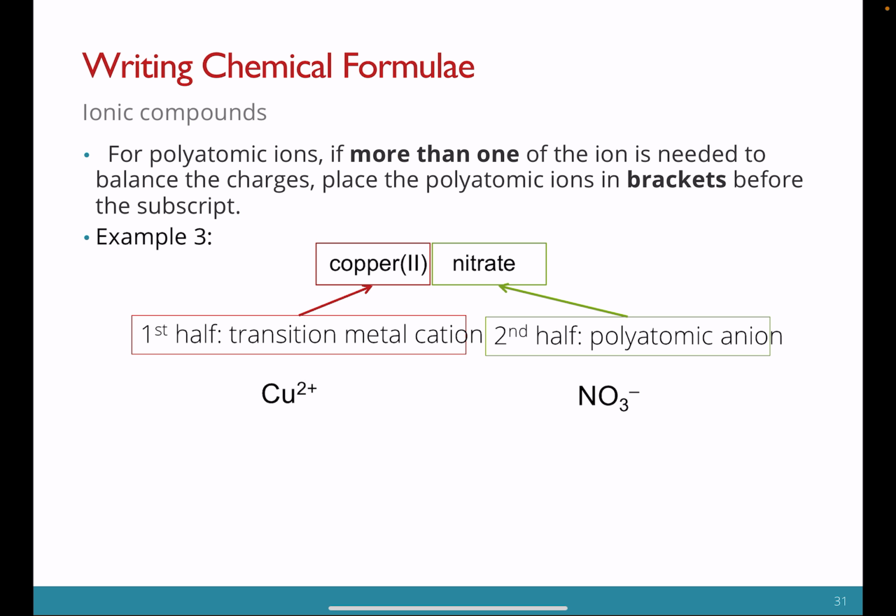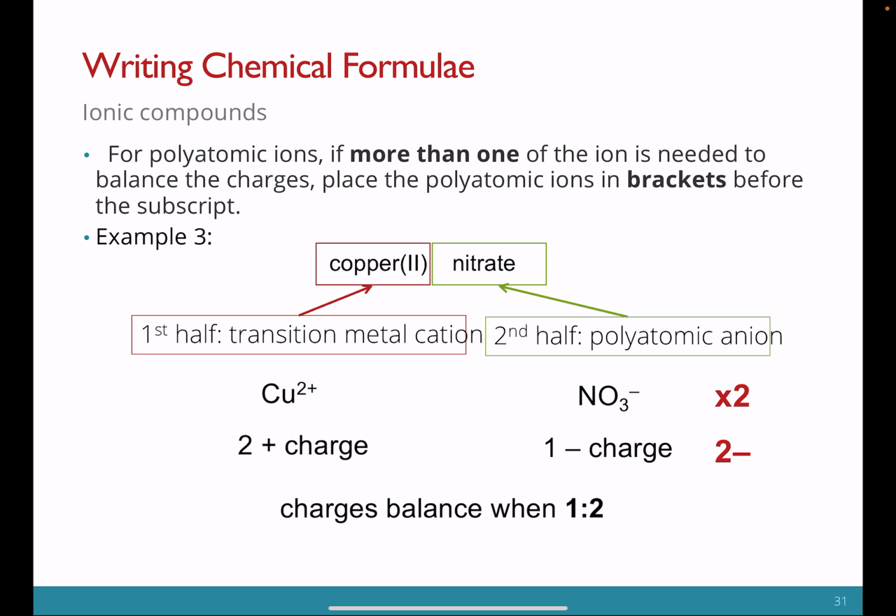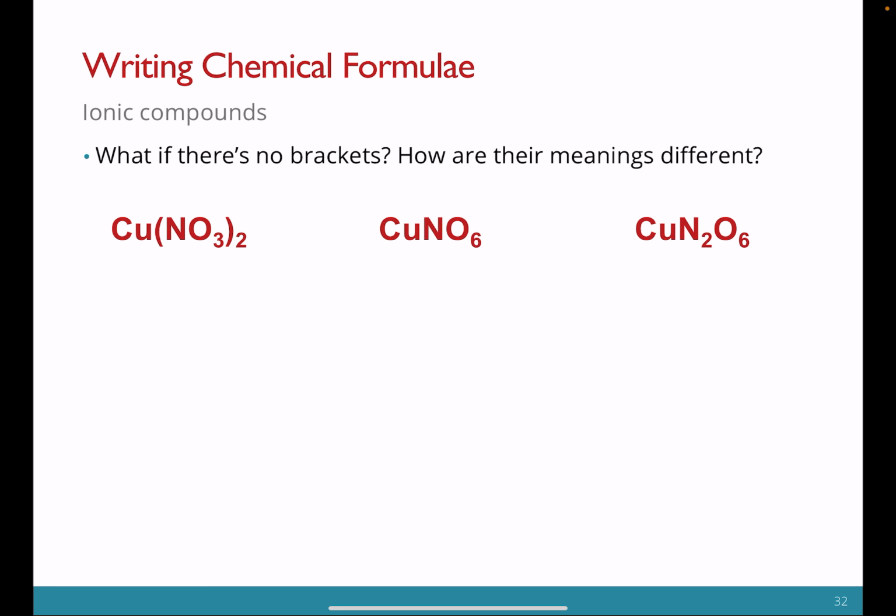Hence, write down their formula and we can see that the charges at the moment do not balance. One is 2 positive, the other is 1 negative. For it to balance, I need to multiply the number of nitrate ions by 2. Hence, the charges balance when it's 1:2, and I represent it by putting a bracket around the polyatomic ion and writing a subscript 2 outside.